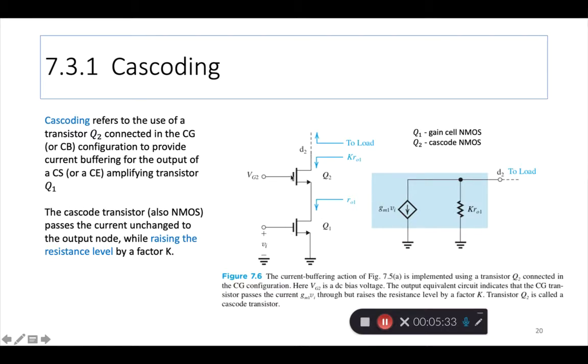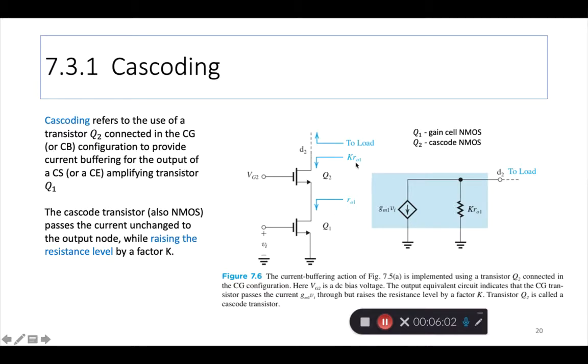Here is the drawing from the textbook, figure 7.6. This cascode transistor is a current buffering transistor. Hence, it is either a CG, common gate, or CB, common base type configuration. While this is your regular common source or common emitter transistor.